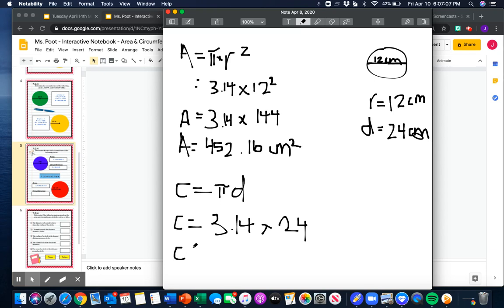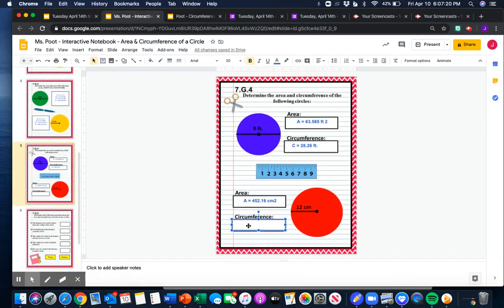My answer is 75.36 centimeters. Don't forget those units. All right, I go back to my page. I'm going to put C equals 75.36 centimeters.